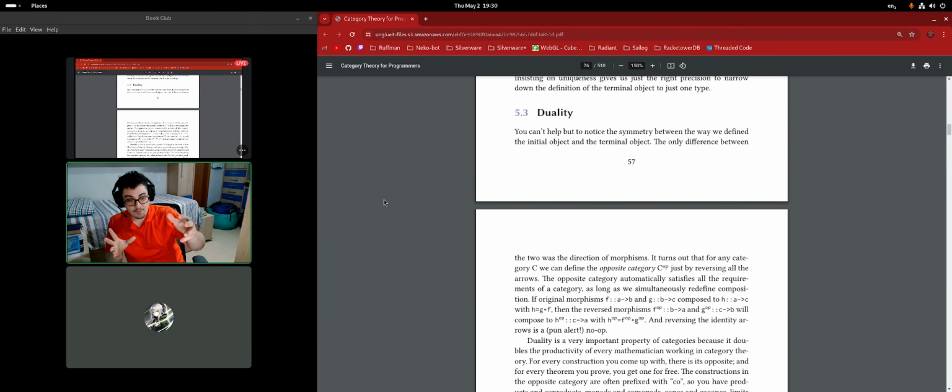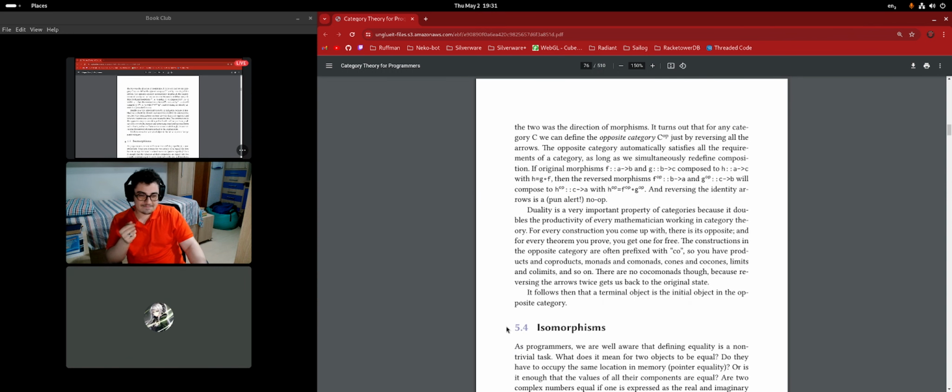So we're going to call this property of being reversible, invertible. How do you call this? I guess reversible is as good a word as any. So duality. If you have this morphism and this composition, if you revert everything, it's all going to be reverted, including the composition. I don't understand the pun he did here. No op. What is the joke here? Well, reversing the identity arrows is a no-op, right?